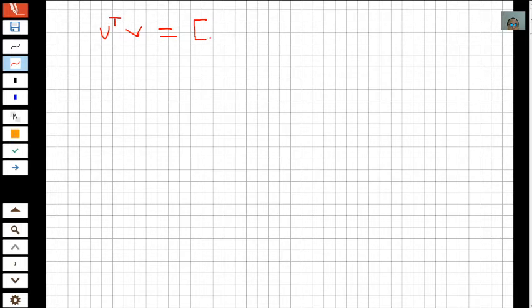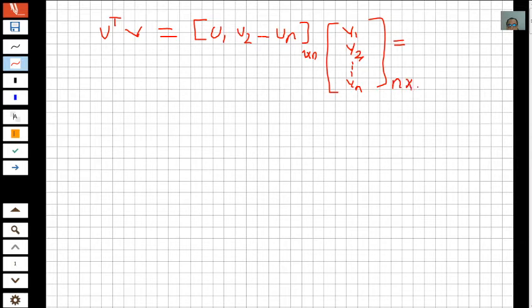So we have one row for the transpose of u, u1, u2, up to un, and the vector v has the representation like this one, v1, v2, up to vn. This is a 1 by n matrix, and this is an n by 1 matrix. We cancel the common number n, so we will obtain a 1 by 1 matrix after the multiplication.